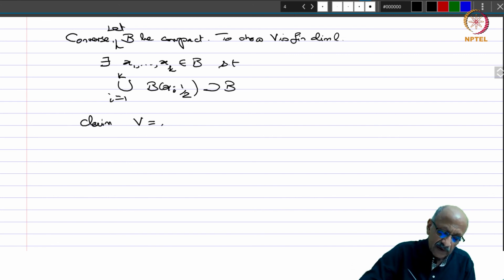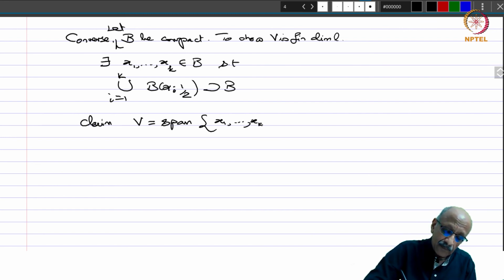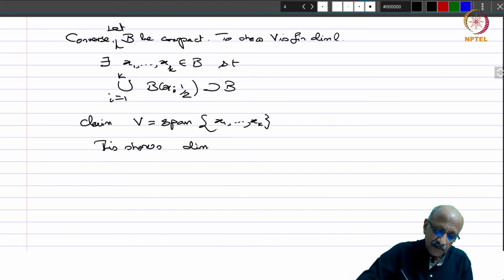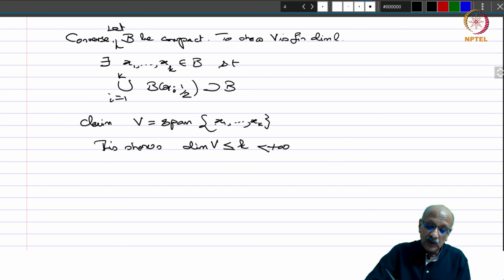So I claim V is nothing but the span of x1 to xk. This shows that the dimension of V is less than or equal to k, which is finite. We can't say it's equal to k because we don't know if these are linearly independent or not, but we don't need that, we just have to show this.